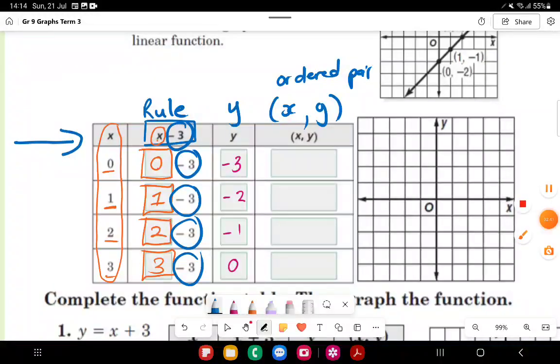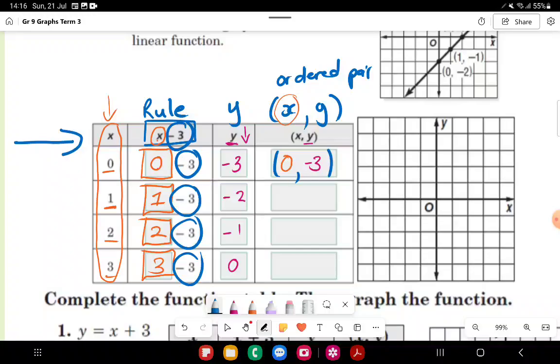Now it comes to the ordered pair. What I need to do is take the orange number from here. That's going to be my x number. So in the first one I have 0. Then I take my pink number, which is y, negative 3. But I have to put clothes on it. There has to be a bracket and a comma.